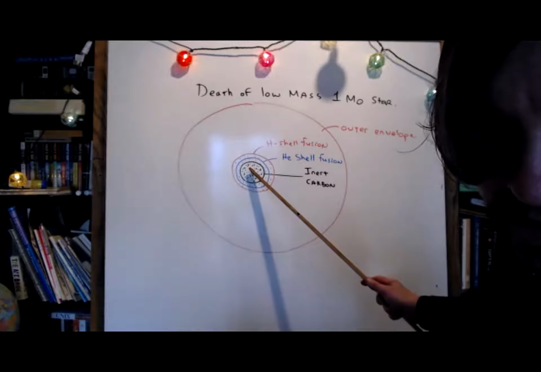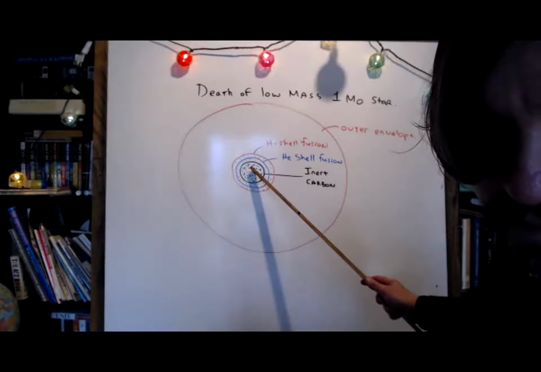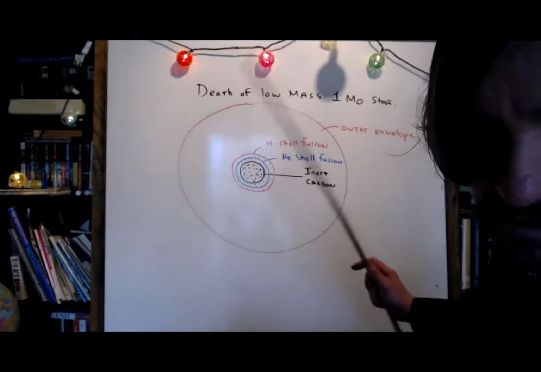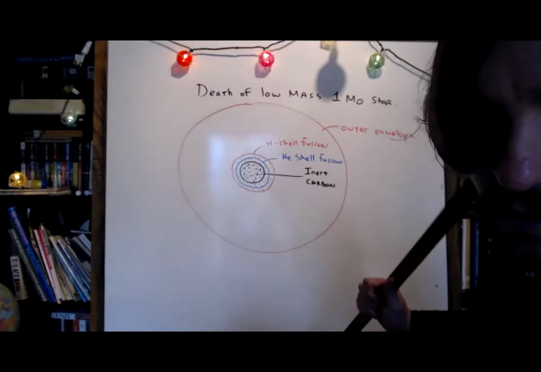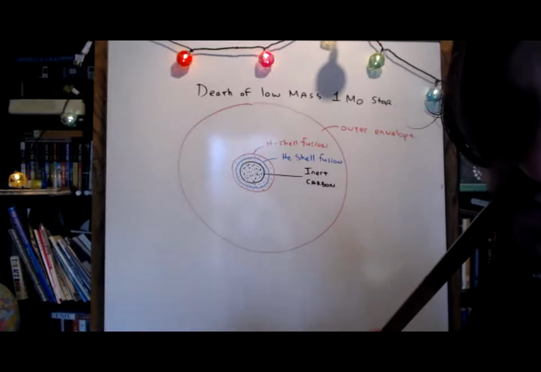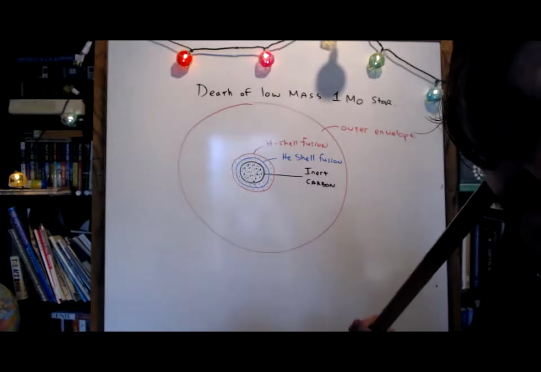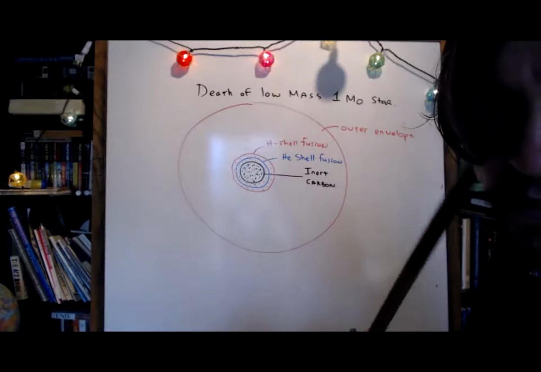How hot would this need to be? Hold on one second, I have it written down. 10 million Kelvin, maybe? No. 100 million Kelvin. That's for helium fusion. What is it then? 15 million Kelvin.